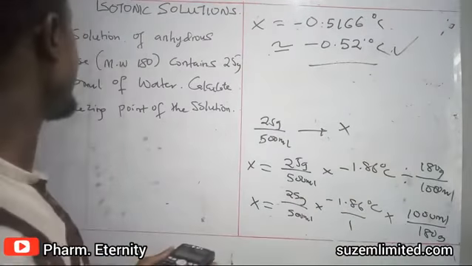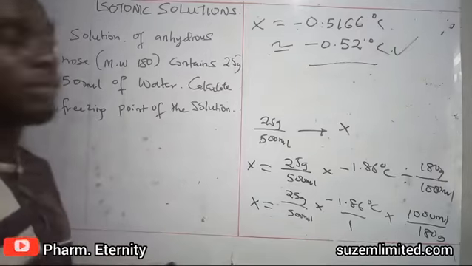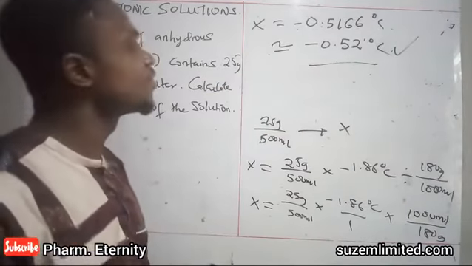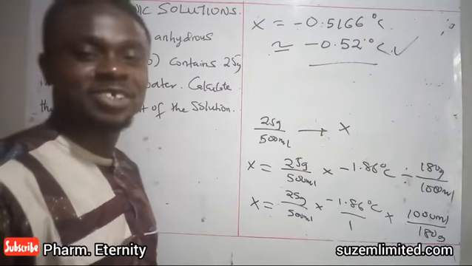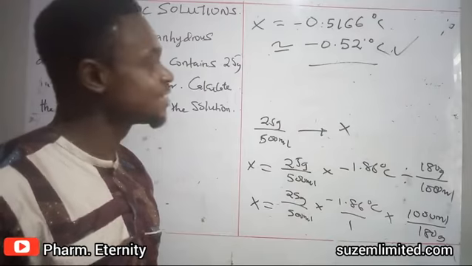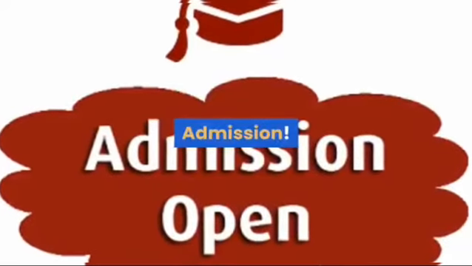So the freezing point of the solution is minus 0.52 degrees Celsius, which means that it is isotonic.